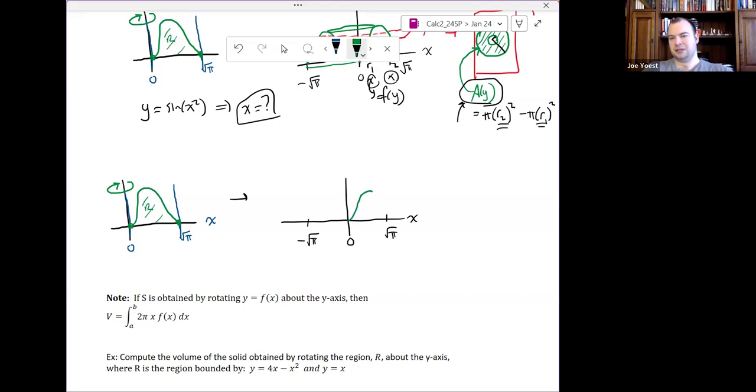Again, it does take a few minutes to draw these pictures, but I think it is really beneficial to draw them, just to really keep in mind exactly what's happening. So again, I have my kind of bundt cake or top half of a donut kind of deal.